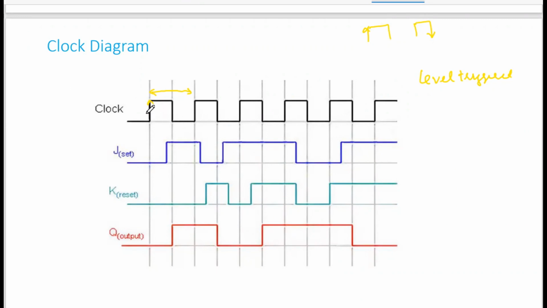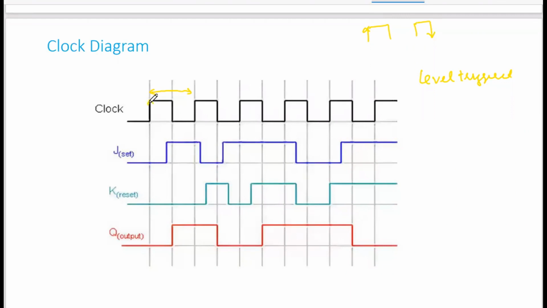So that's the important difference between positive edge triggered, negative edge triggered and level triggered. A level triggered clock means that whenever the clock starts, your system is enabled in between, and if there is any change in the input, the same will be reflected at the output.